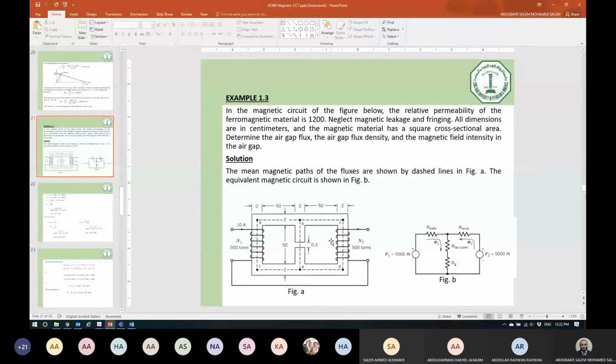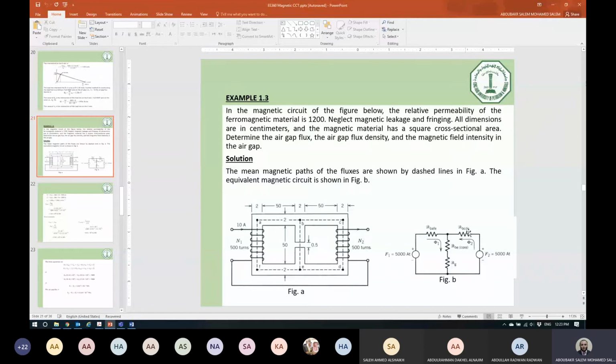But again, regarding conversion to the analogy, or to the electrical circuit, as we stated, we have two different sources, each one equal to NI. So we have N multiplied by I, which is 5,000 ampere turn here. And we have the reluctance of the left-hand side, which can be represented by reluctance BAFE, which depends on the length BAFE.